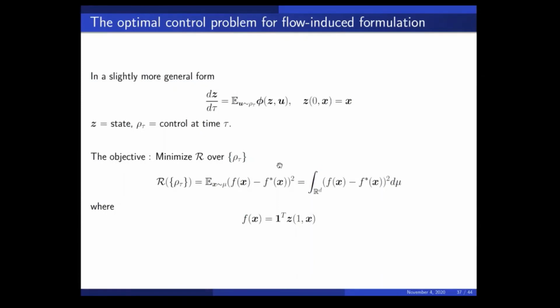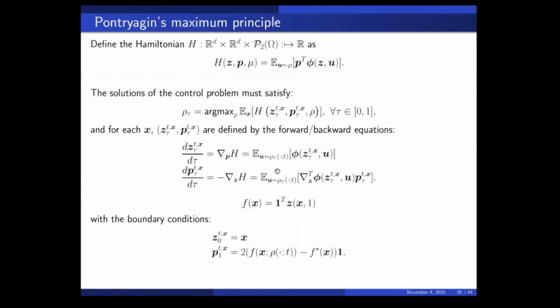For these kinds of optimal control problems, there is a maximum principle, the Pontryagin maximum principle. To state it, we define the Hamiltonian.